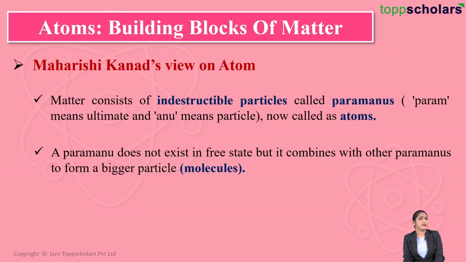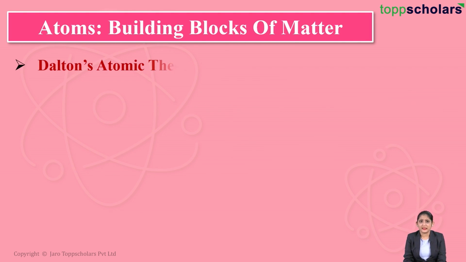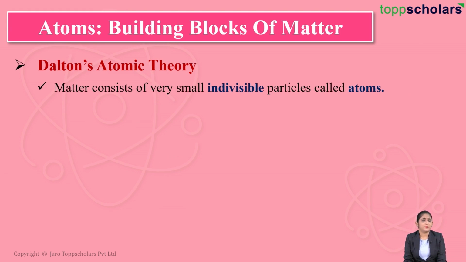Now, friends, later on, an English scientist named John Dalton proposed atomic theory. He said that these tiny particles that make up matter are called atoms. According to Dalton, matter consists of very small indivisible particles called atoms, which means that matter is made up of many atoms, right?